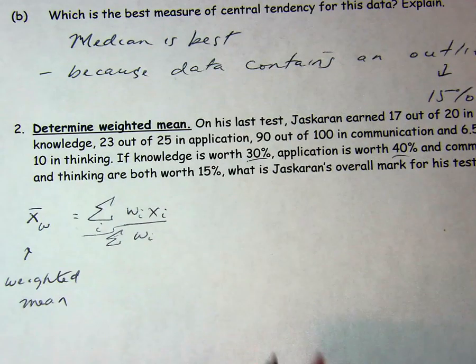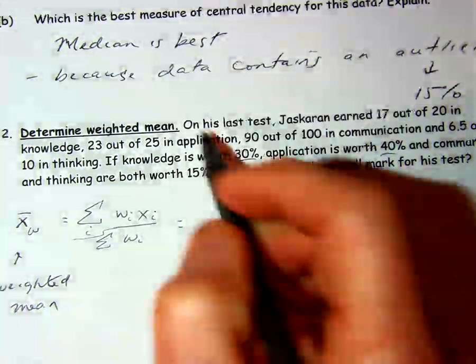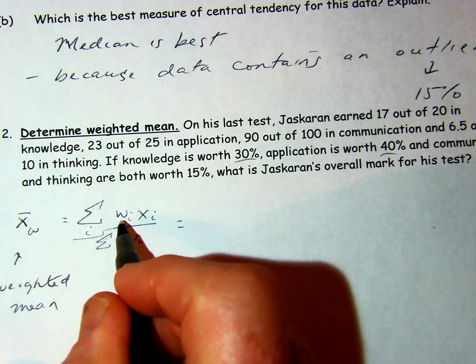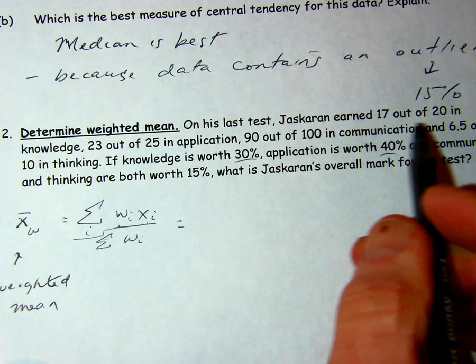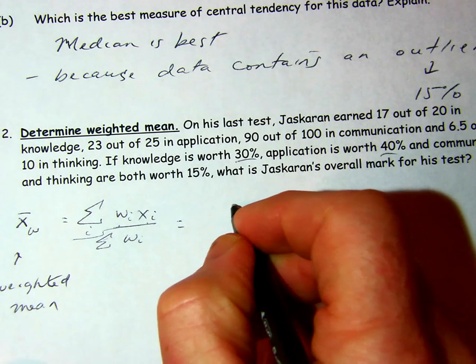All right, so let's figure this out. You have 4 marks and we have 4 weights. All you have to do is multiply each mark by its weight and sum them up. So let's do the first one: 17 out of 20 in knowledge.